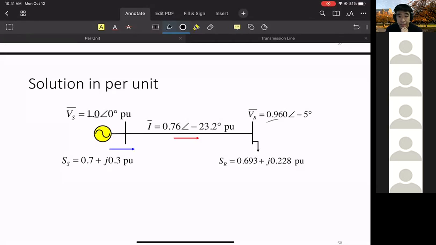The problem is, for example, the last one in the homework, or the example that we started working out, there's a small difference. The secondary side rated voltage of the first transformer is slightly larger than the primary side of the second transformer, so there's that slight difference in rated voltage.